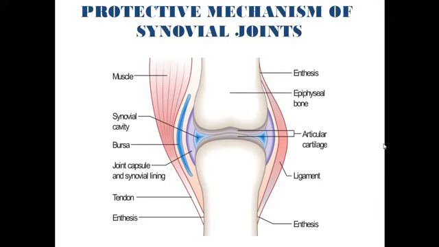Coming to the first, the protective mechanism of the synovial joint. Here is the figure. You will see muscles, the ligaments, tendon, synovial capsule, synovial membrane, and articular cartilage with bone.